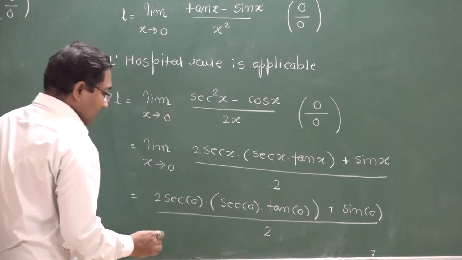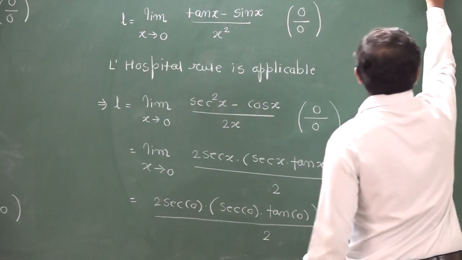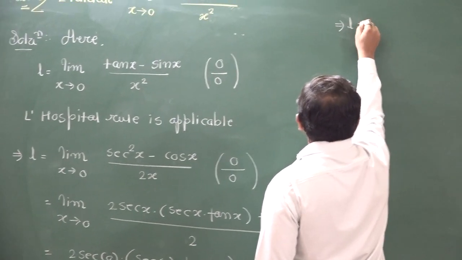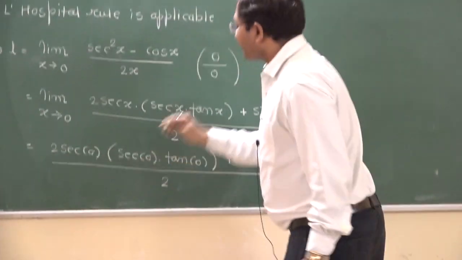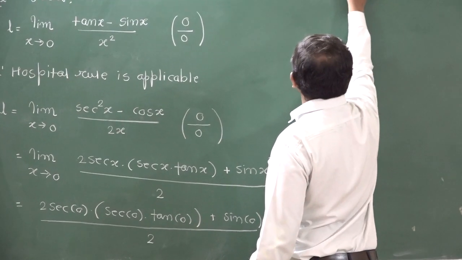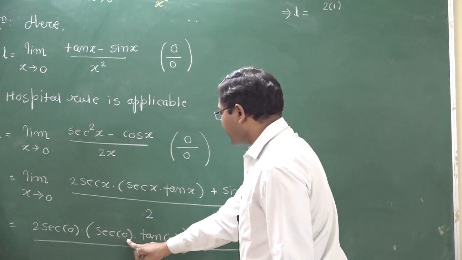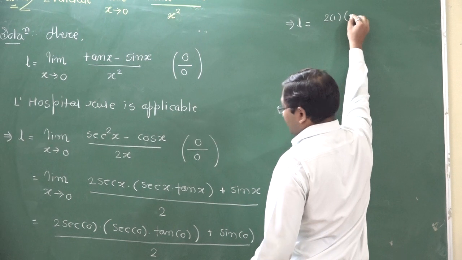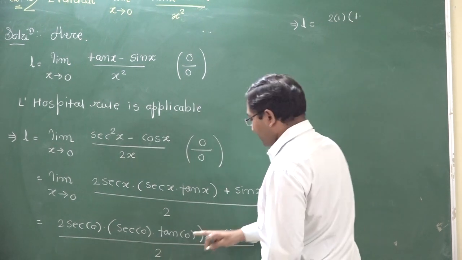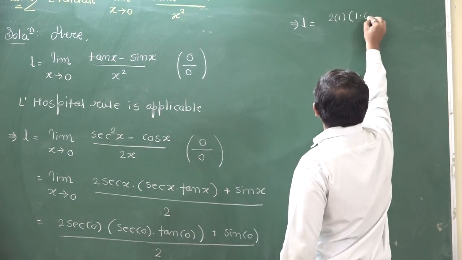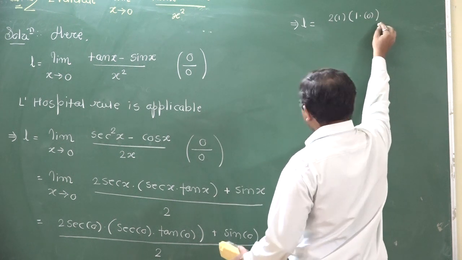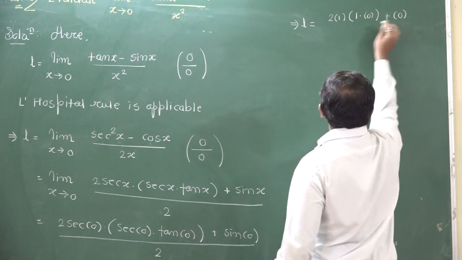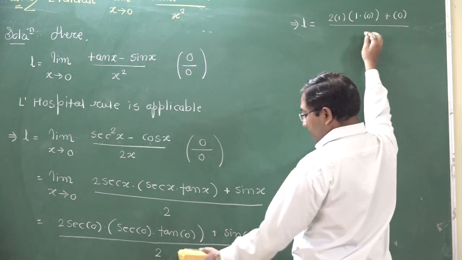Then what will we get as the answer? L equal to, here sec 0 is 1, so 2 into 1, sec 0 is 1, now tan 0 is 0, plus sin 0 is 0, divided by 2.